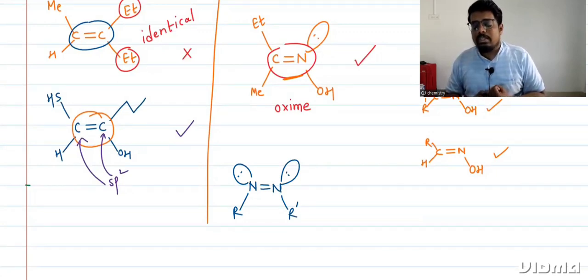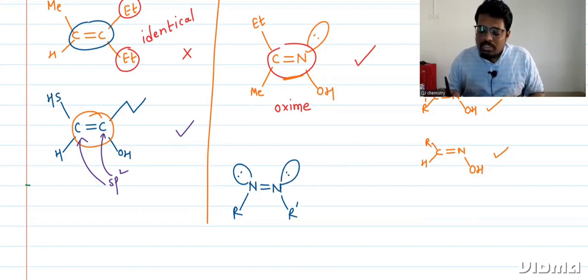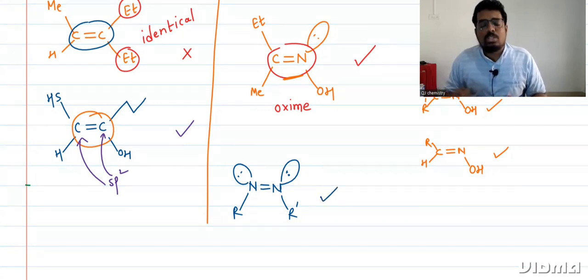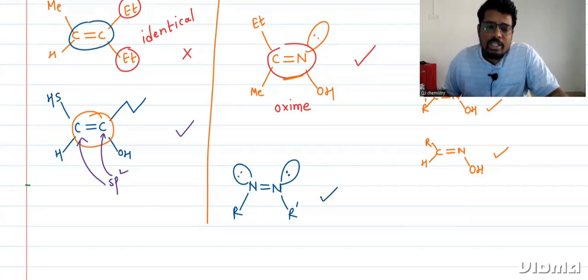The second condition we check is whether different groups are bonded to the double bonded nitrogens or not. And the third condition, a nearly planar system. Yes, one lone pair and one R dash group are attached to one nitrogen, and to the other nitrogen, one lone pair and an R group. So four different groups are attached, and we have this planar system also, right? So this azo compound also shows geometrical isomers. So these are the possible cases.